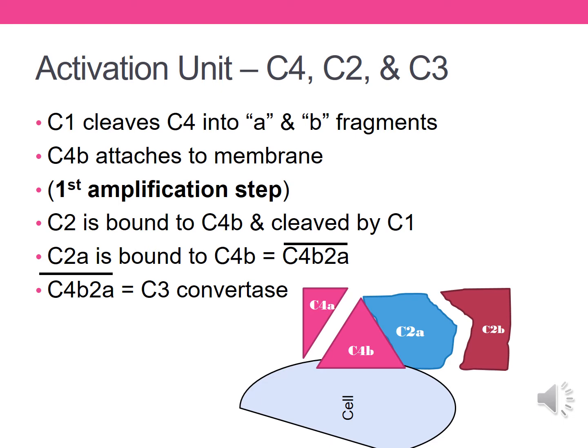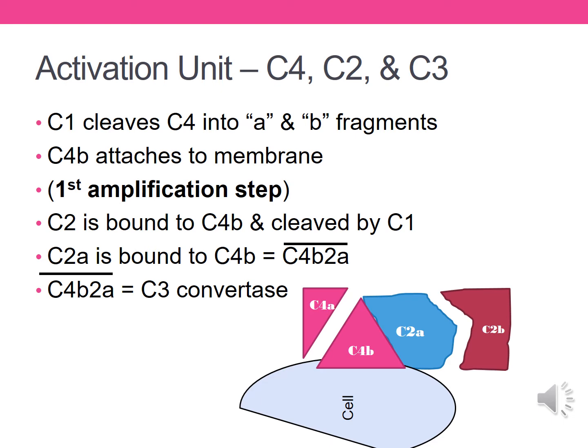C4a will diffuse away, and C4b will bind to the cell membrane. And we consider this to be our first amplification step. And after that, C2 will come floating by, and C1 will cleave C2 into C2a and C2b.